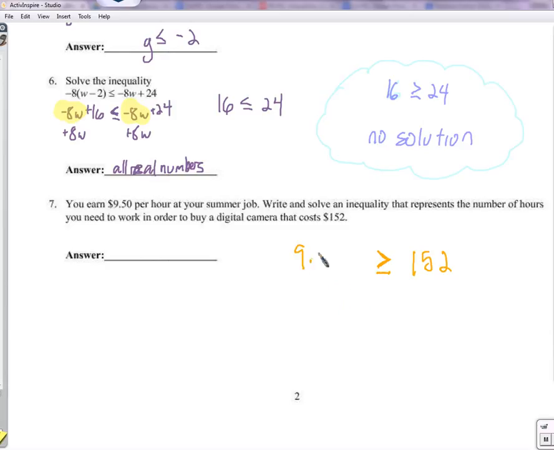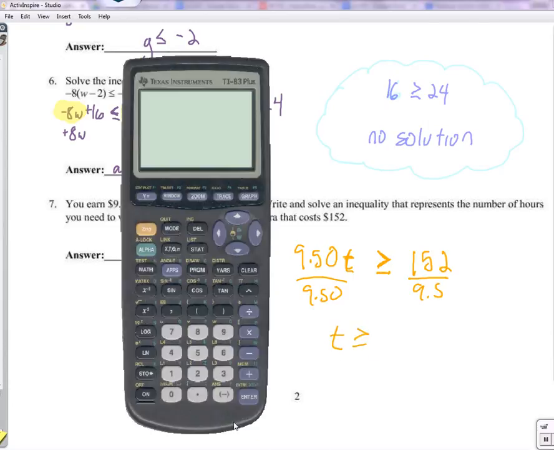And how do you calculate the amount that you earn? Well, 9.50 times the number of hours you work. T for time there. So 9.50 times the number of hours that you work needs to be greater than or equal to 152. So we're going to divide by 9.5 on both sides. T needs to be greater than or equal to, there's my calculator.